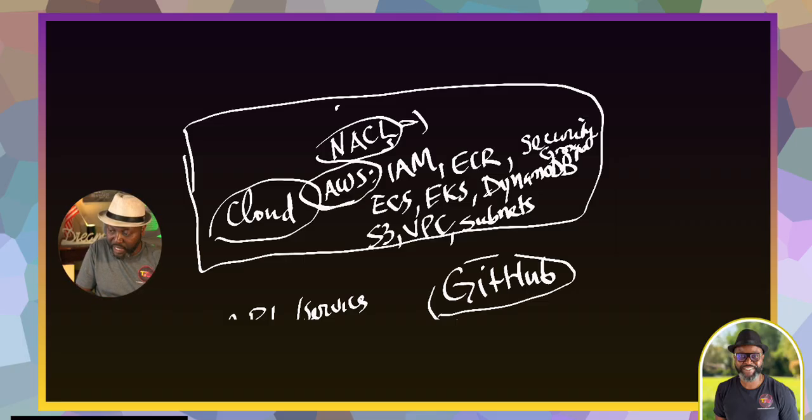We're focusing on AWS. The tools that we've used include IAM, NACLs, ECR, security groups, ECS, EKS, DynamoDB, Subnet, VPC, and S3 bucket. That's kind of like what we've done to this point.